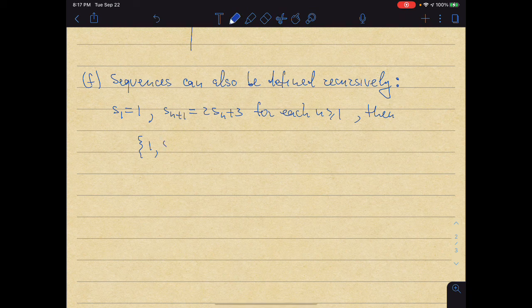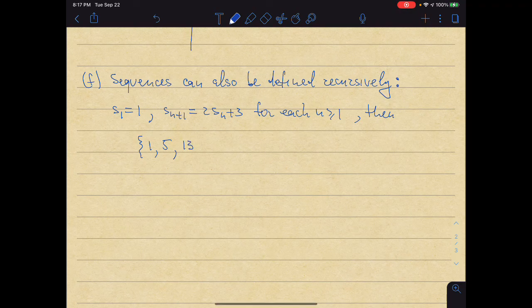If S2 is 5, how do I get S3? From here, S3 depends on S2. So if I want to compute S3, n is equal to 2. And then 2 times S2 plus 3, that's 2 times 5 plus 3. So the next term is 13. Let's do one more.